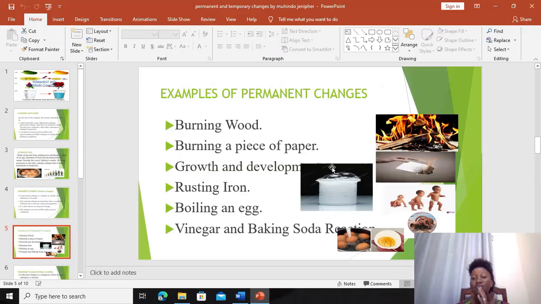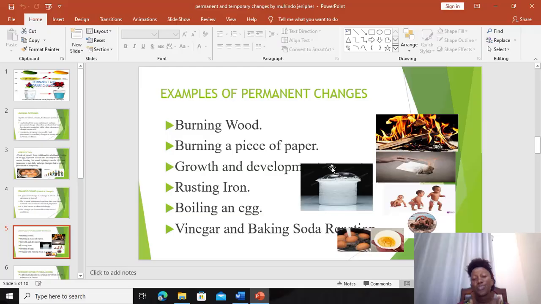Once a person has grown into an adult, you cannot go back to the original state of childhood. Then there is rusting of an iron, boiling an egg, vinegar and baking soda reactions, and so many others.